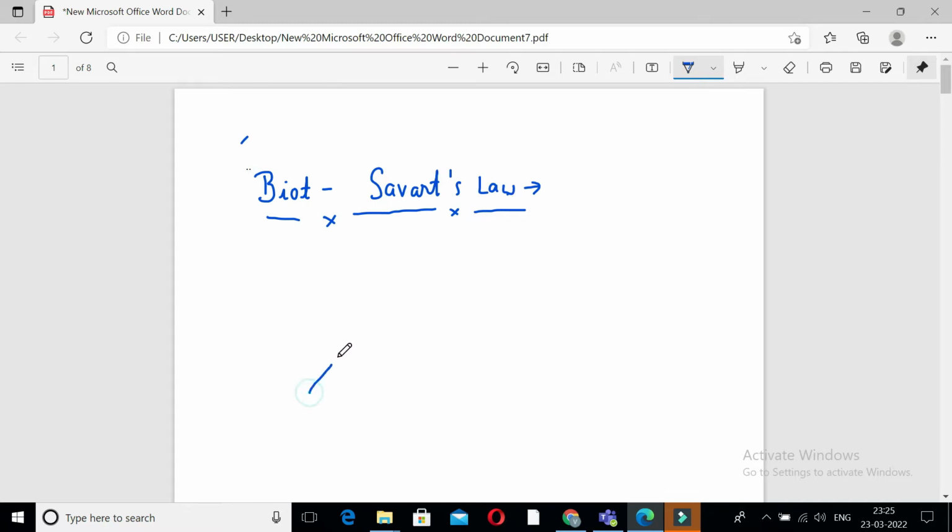Consider a wire filament carrying current I. This is the elemental length dl, and this is the point where the magnetic field is to be calculated.